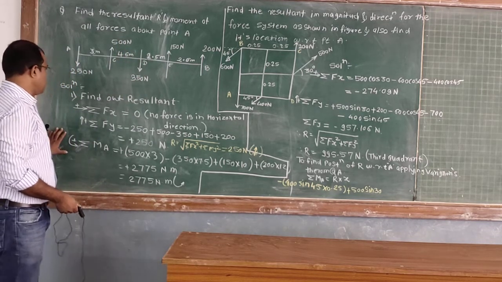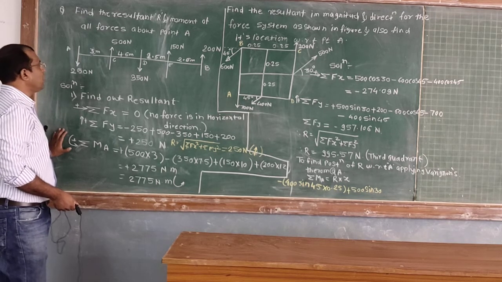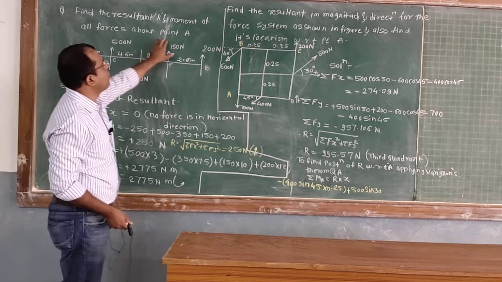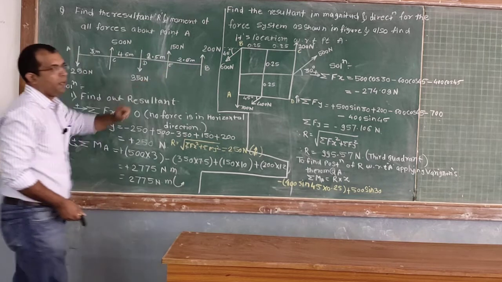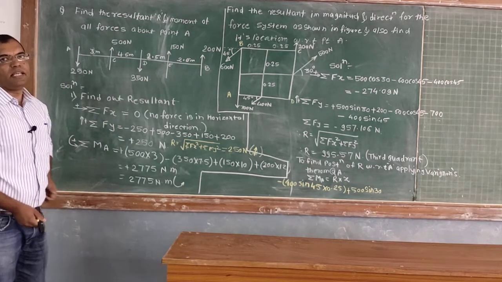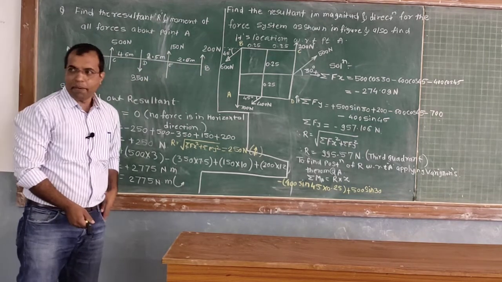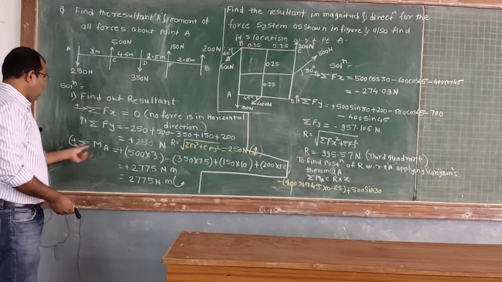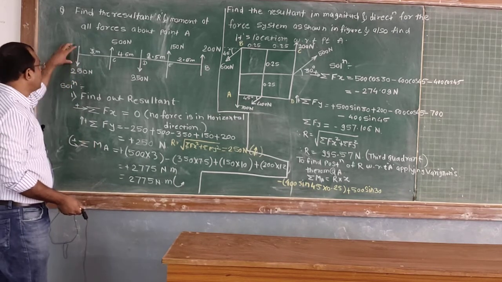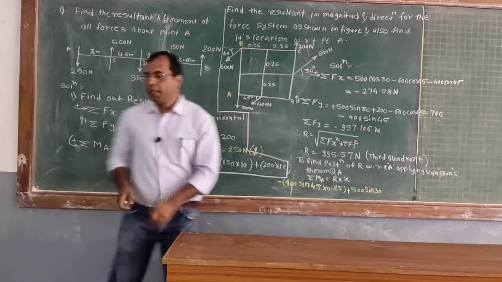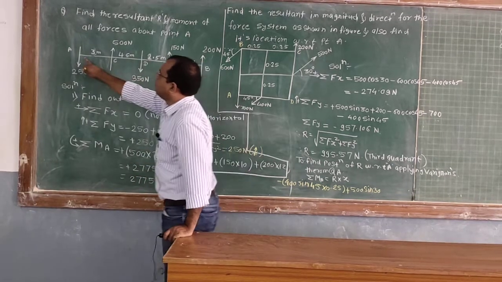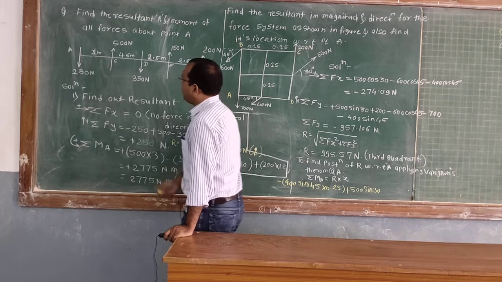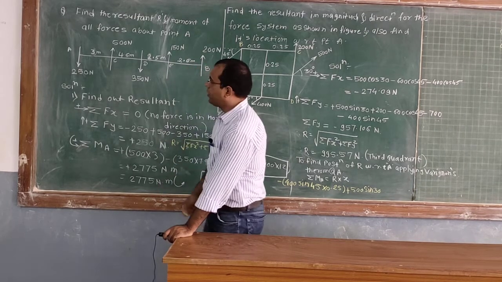Now the next step is to find the moment about A. They have asked us to find the moment about point A. What is moment? Moment is nothing but force into perpendicular distance. Now let's begin how to take the moment.